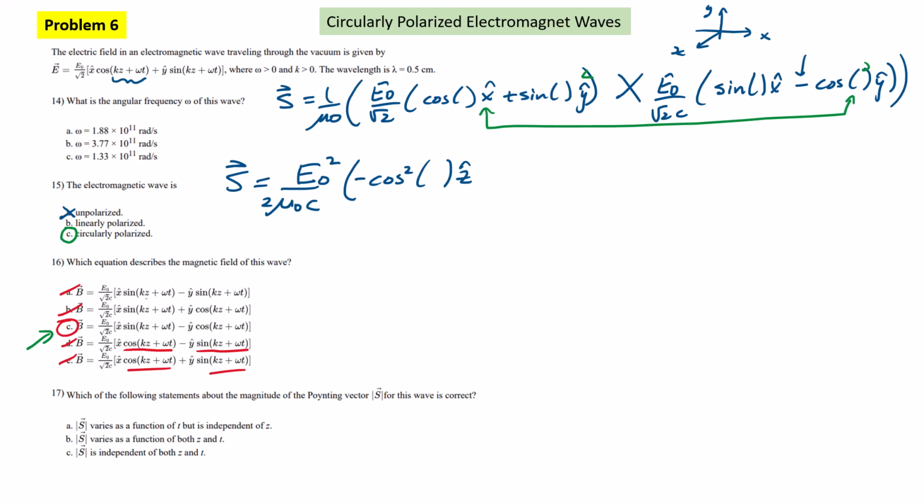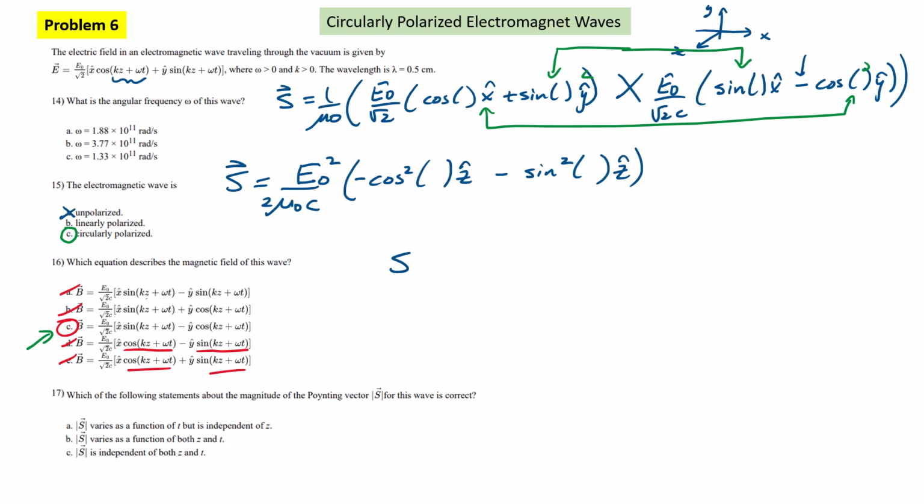The other term that we have to worry about is this one. That's in the y direction for the electric field and the x direction for the magnetic field. Again, y cross x also gives you something in the negative z direction. And notice it's two sine terms that we multiply, so it's a sine squared term of this entire angle.